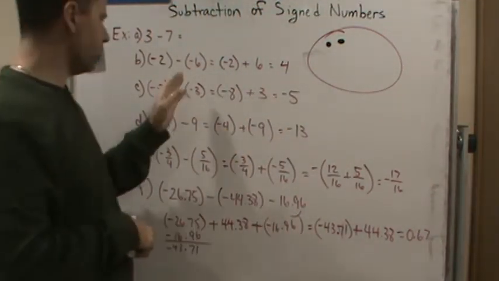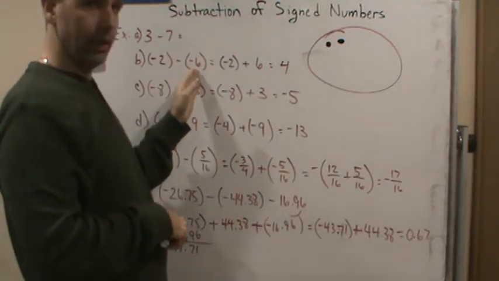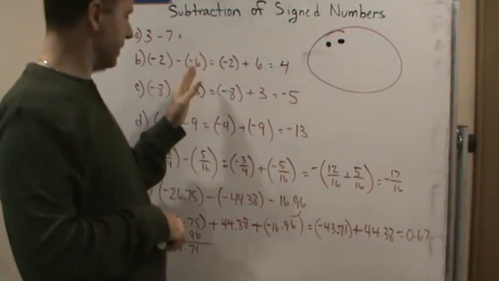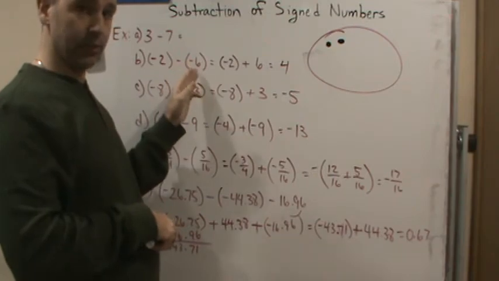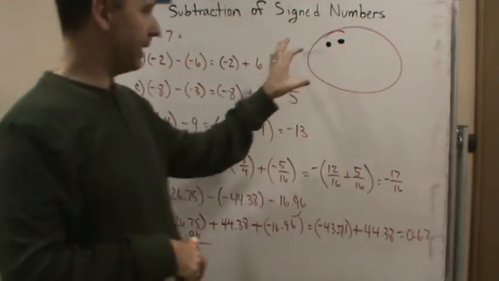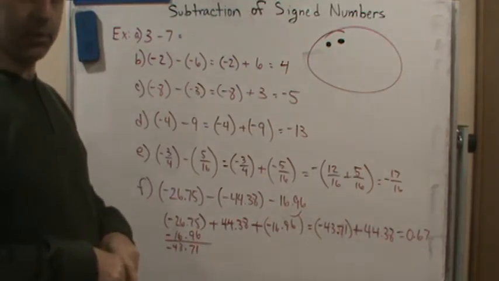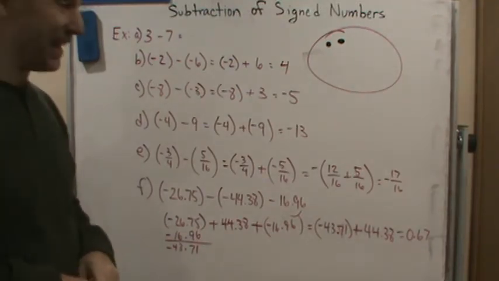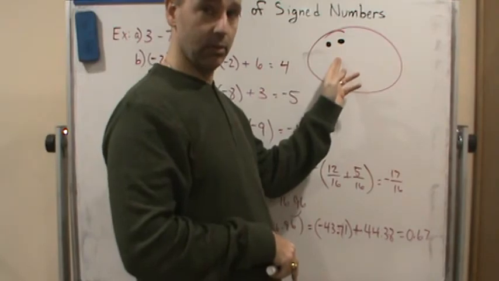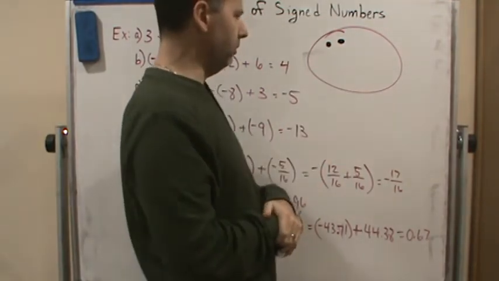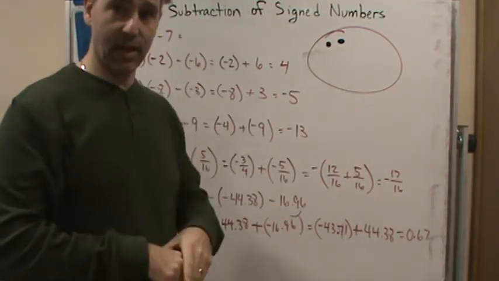Now, I want to subtract 6 of those negative chips. I want to subtract a -6, which means I want to take out of the circle 6 negative chips. Well, the problem is I don't have any negative chips. Okay? This is where the idea of the opposites comes in.